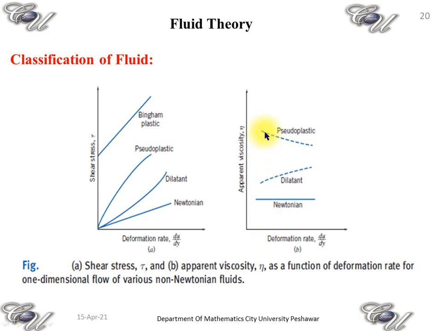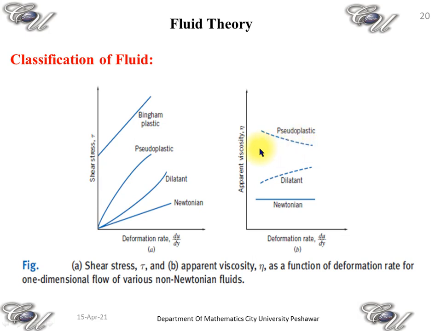Okay, and now you can see its deformation increases while increasing the stresses. At this point you can see this is its viscosity, but if you increase the shear stress, viscosity is here.